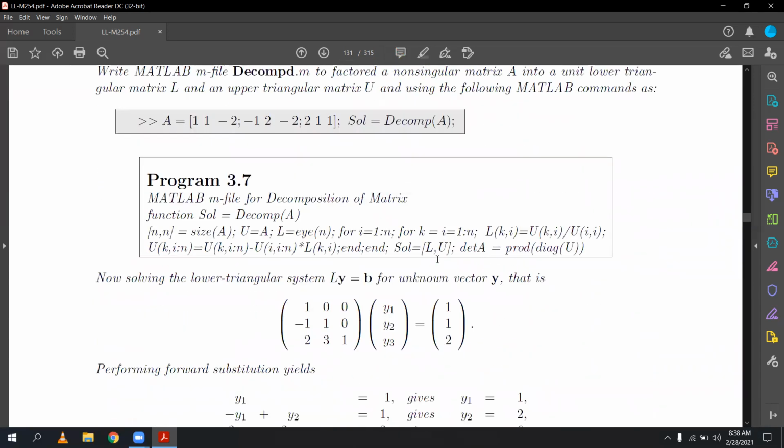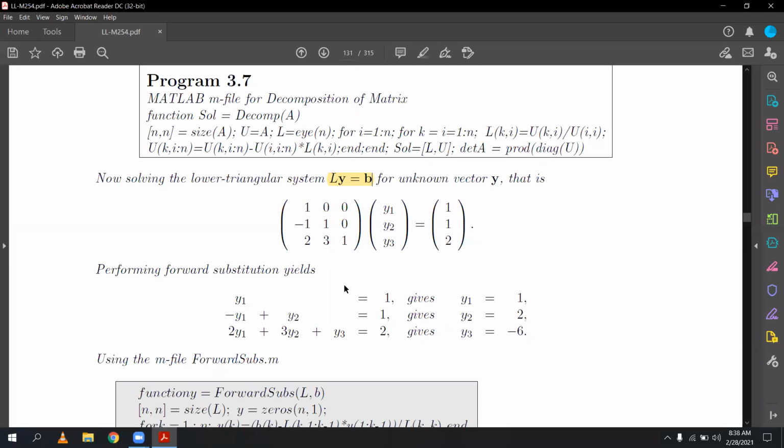Now you use Ly equal to B. L is this one, Y you have to find, and B given by the teacher is this one. So write it in system form. We have this one, and then use forward substitution.